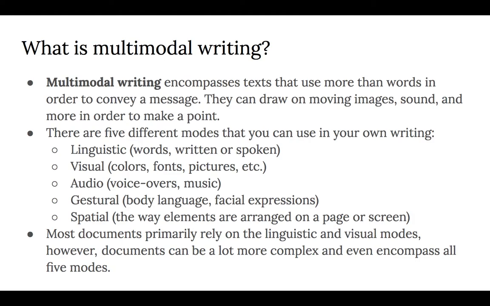Linguistic is probably the one that we're most familiar with. That means words, written or spoken. Then you've got your visual. That's your use of colors, fonts, pictures, that kind of thing. Audio includes voiceovers and music. Gestural refers to body language and facial expressions. And spatial is the way the elements are arranged on a page or a screen.